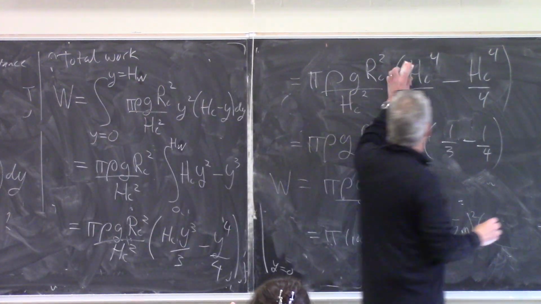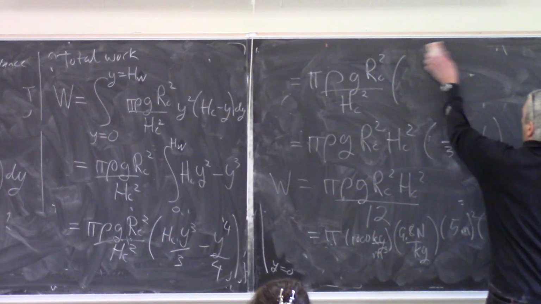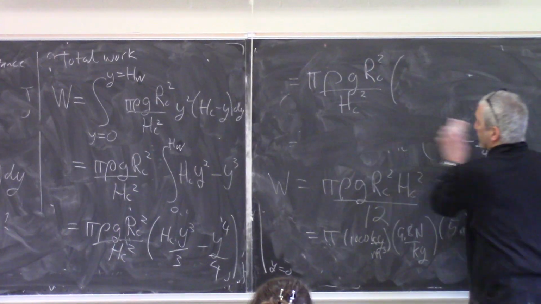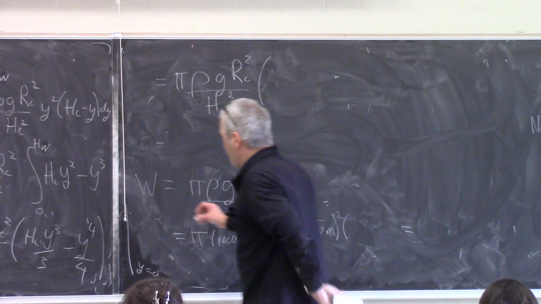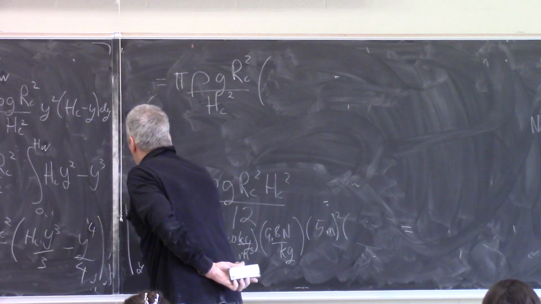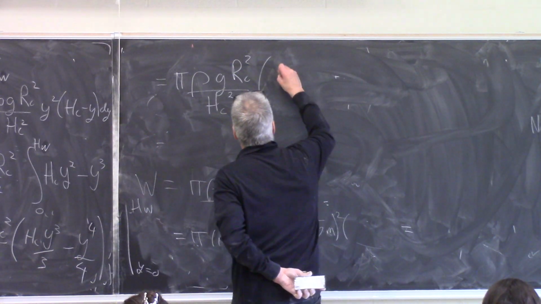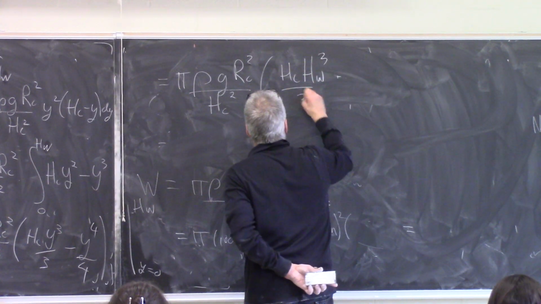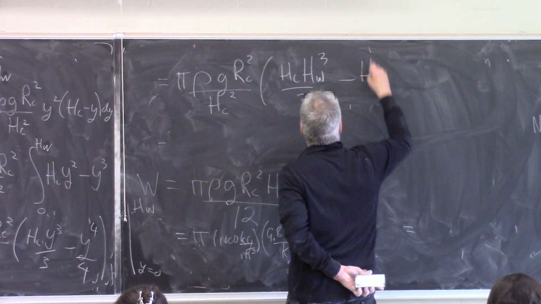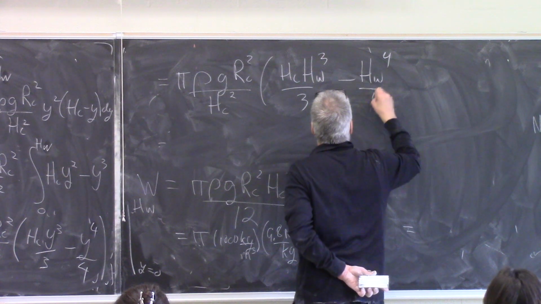I got ahead of myself trying to fix this. So let me just get these symbols right. y goes from 0 to Hw, the height of the water. So I should have Hc times Hw cubed over 3 minus Hw to the 4th over 4.